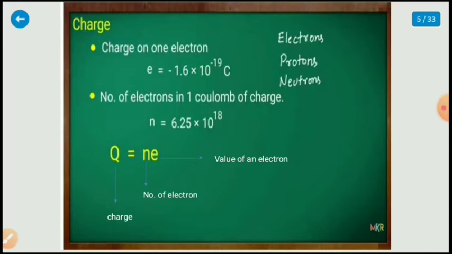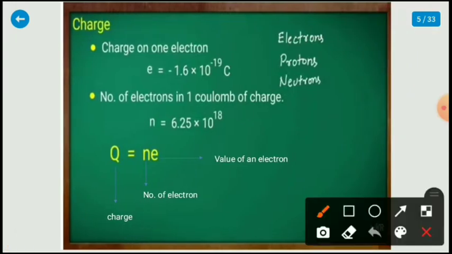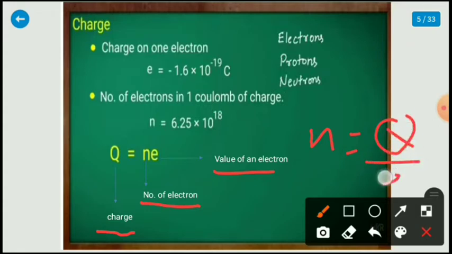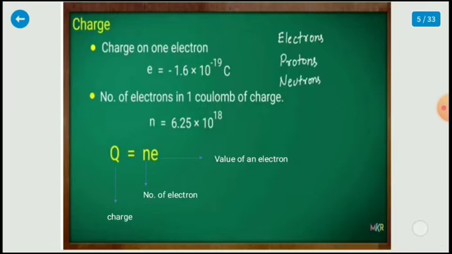We can find the value of n by the formula Q is equal to n E, where Q is the charge, n is the number of electrons, and E is the charge of an electron. So n is equal to Q by E. By this formula we can find the value of n, which is 6.25 into 10 to the power of 19.